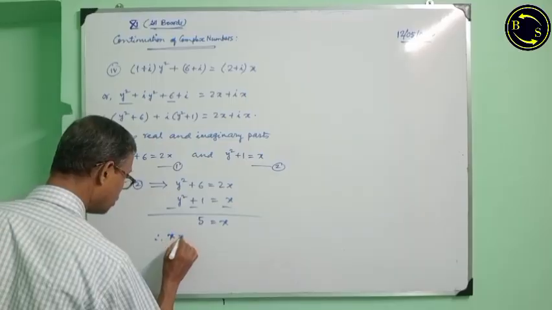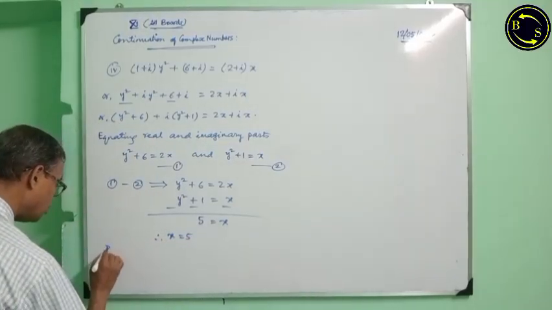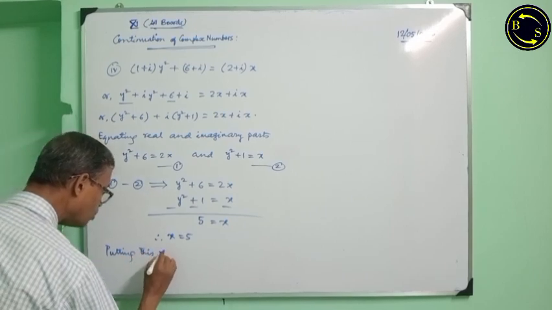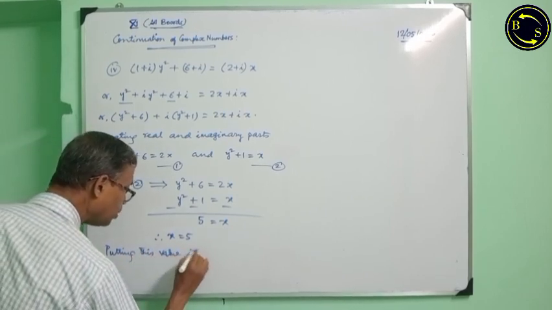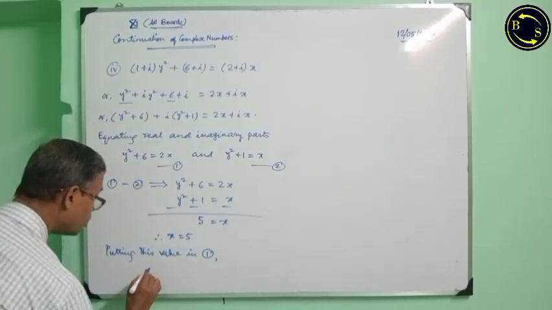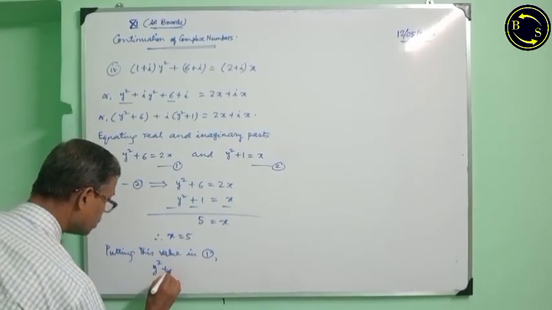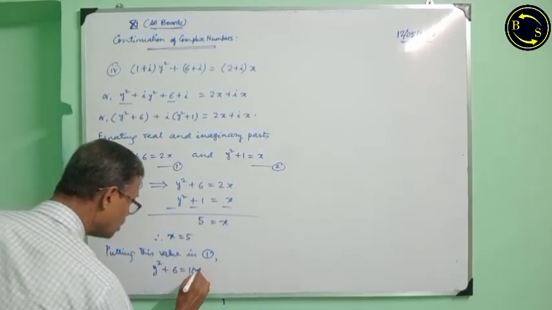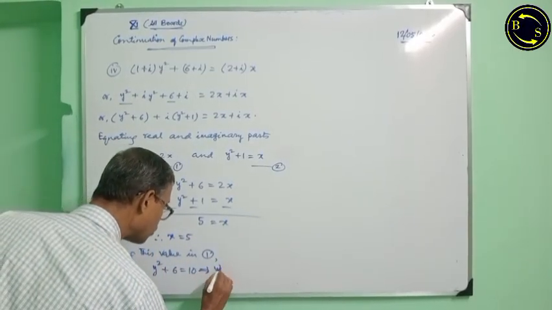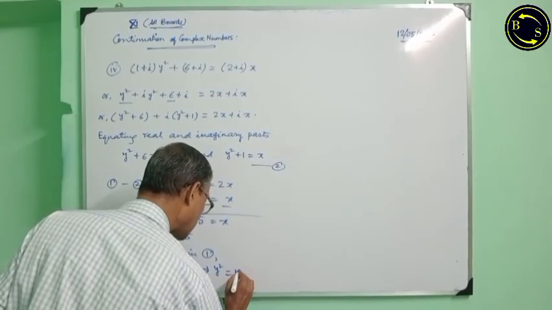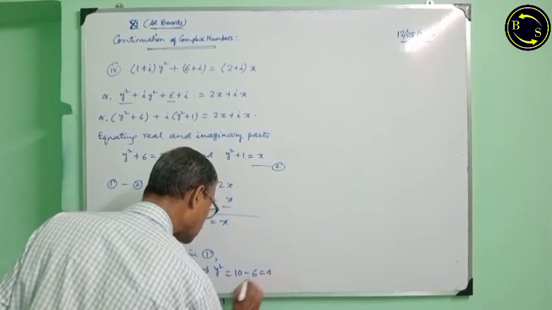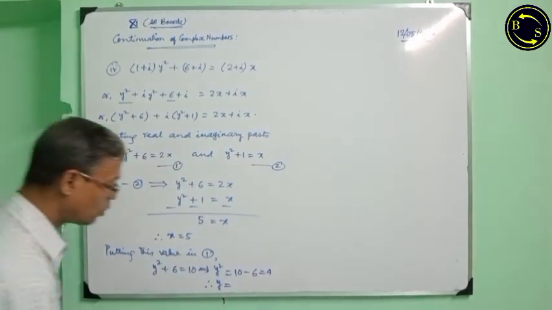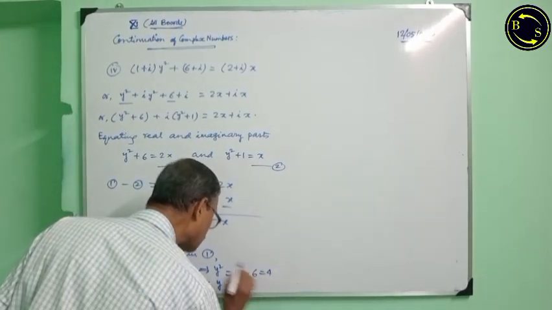Therefore, putting this value in 1, y square plus 6 equal to 10, 2x is 10. From that y square is equal to 10 minus 6 equal to 4. Therefore y square equal to 4. Therefore y equal to plus minus 2.